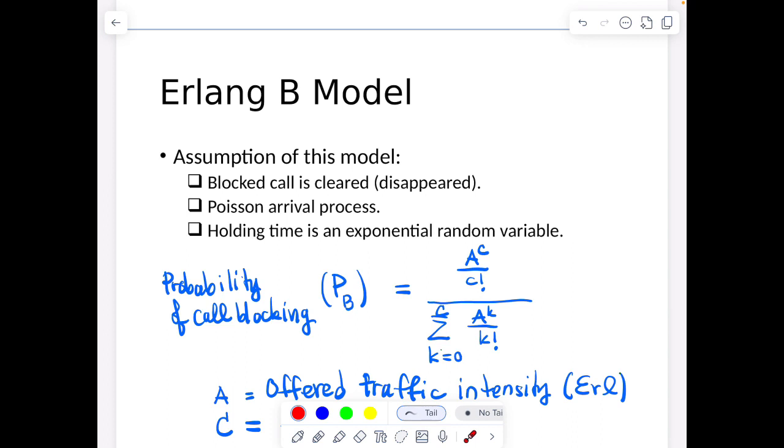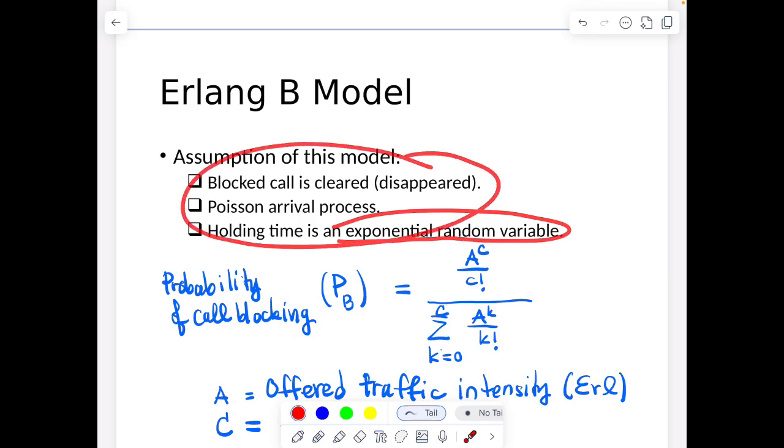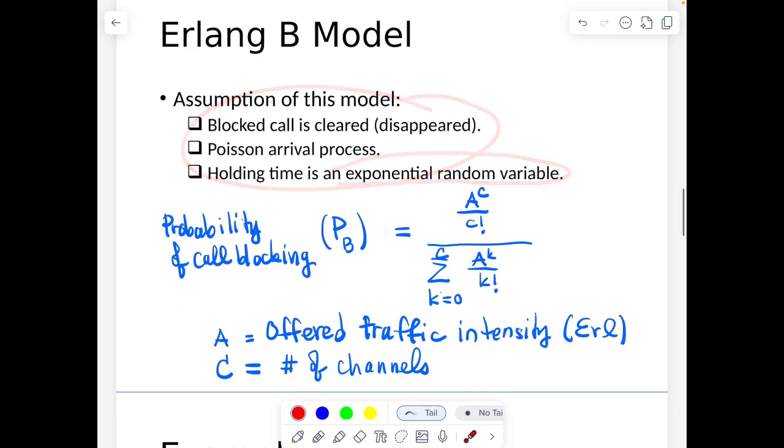In the Erlang B model, holding time has an exponential distribution, or holding time is an exponential random variable. Okay, so with these assumptions, we can analyze blocking probability, or probability of call blocking.